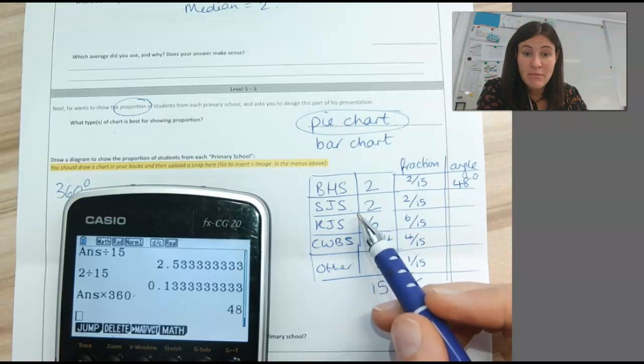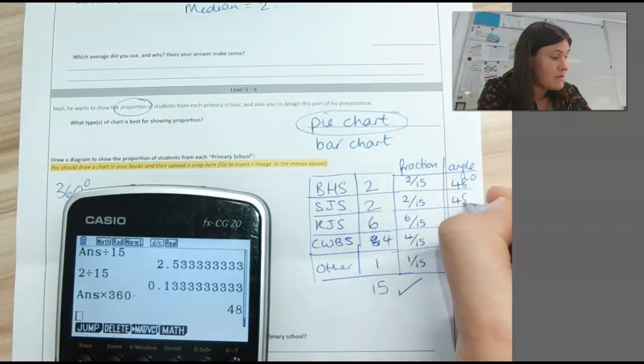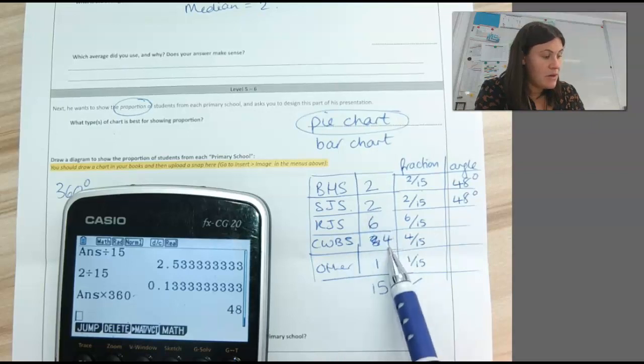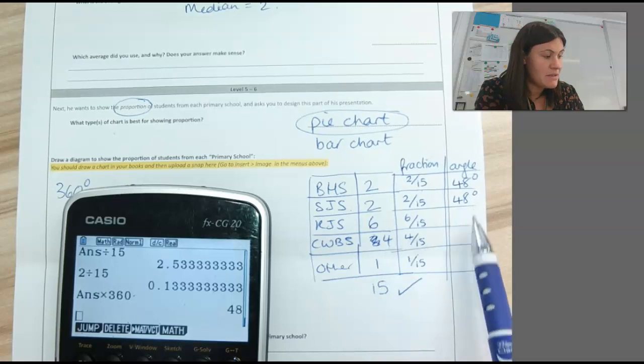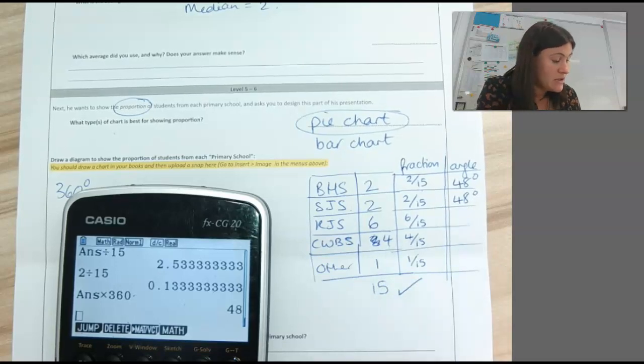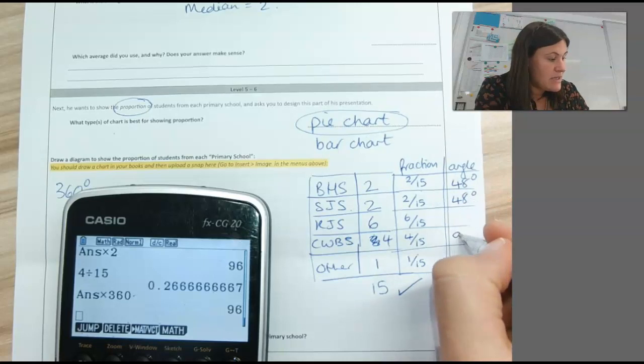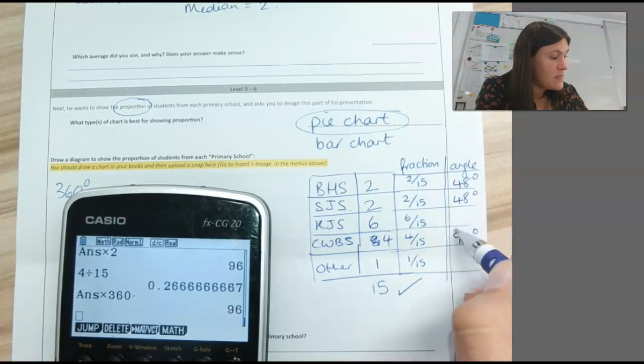SJS is the same, so it's going to have the same angle. Clearwater Bay, I'm just jumping over that one there, is actually double. So I'm expecting my answer to be double 48. So I can either just do that times 2 to get 96, or I could say 4/15 times 360 gives me 96 degrees as well.